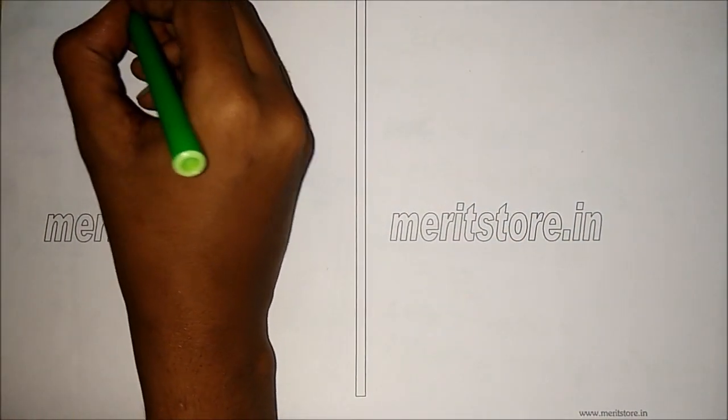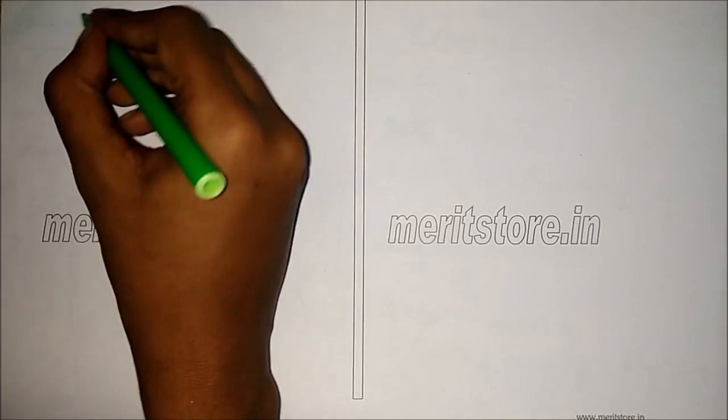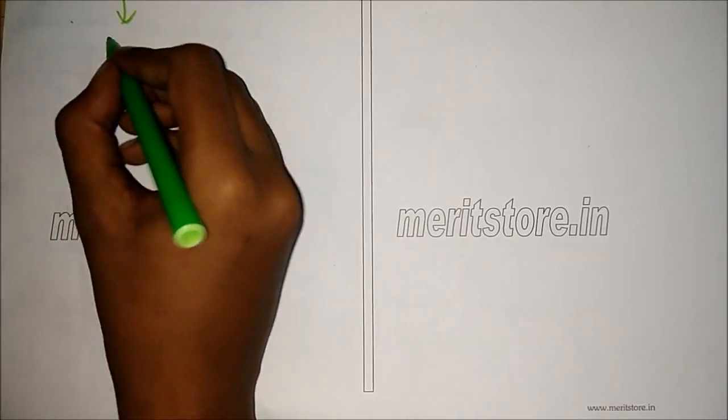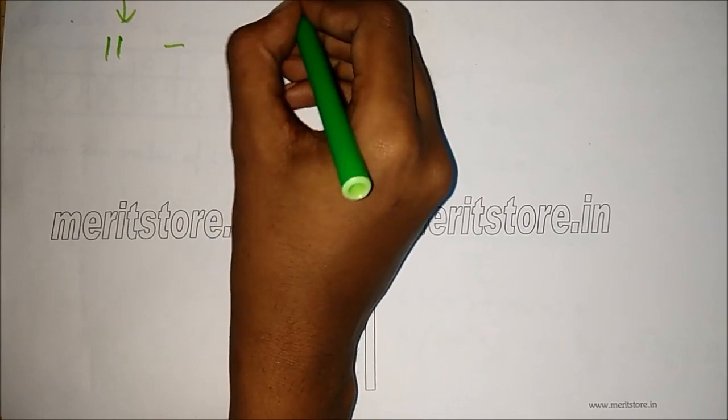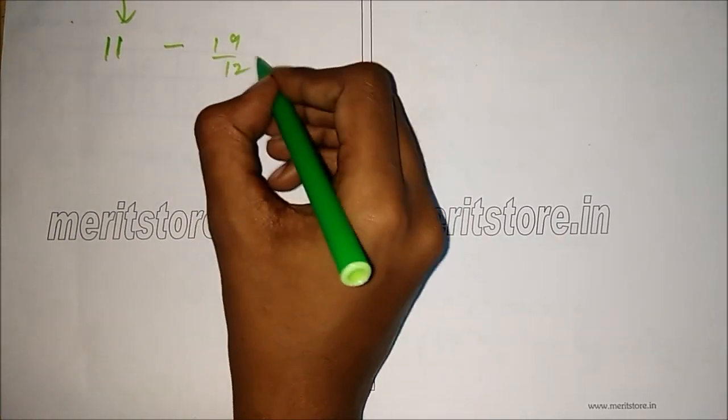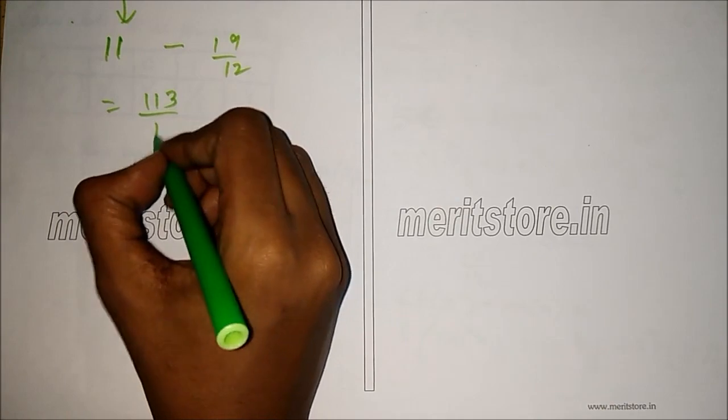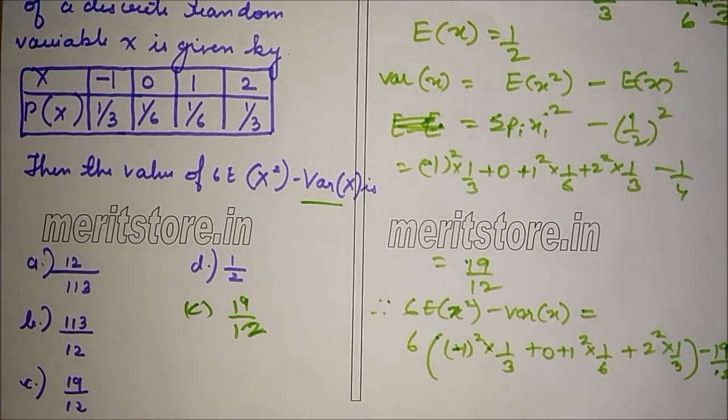So 6 times E of x square is 11, minus variance, which is 19 by 12. So this gives us 113 by 12, which is option B.